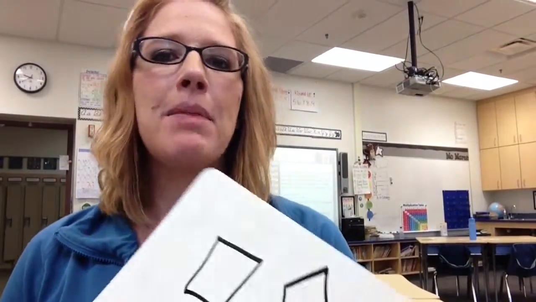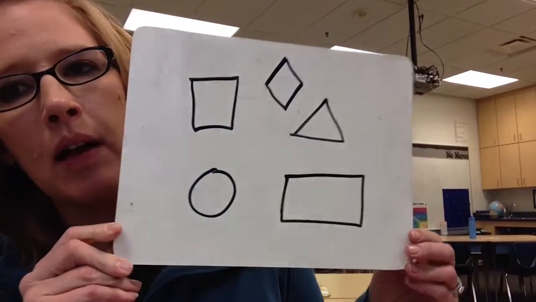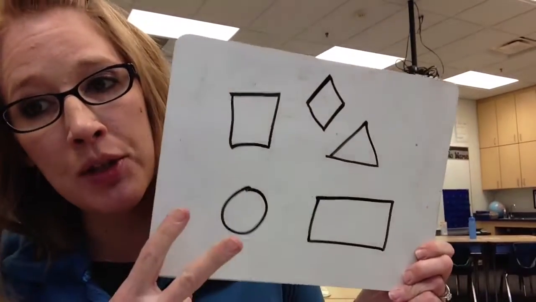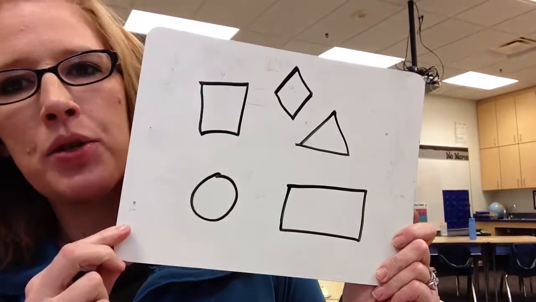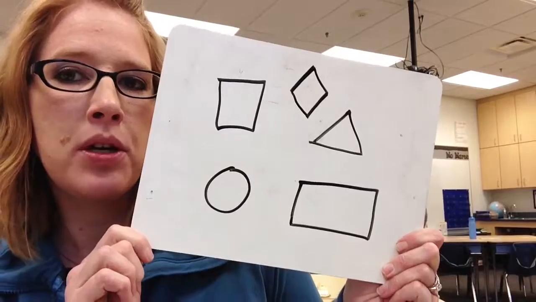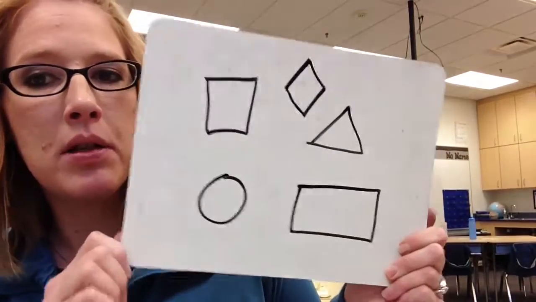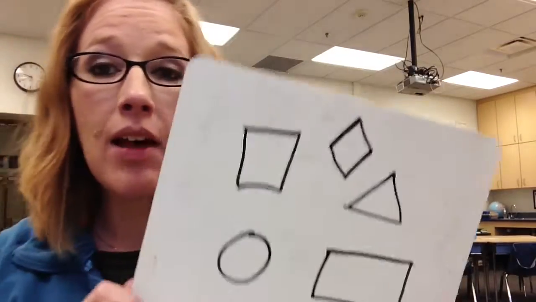Welcome back. I'm guessing that these are some of the shapes that you wrote on your list. These are all two-dimensional shapes where we can measure the length and the width. They're flat, and we can only measure the two sides to help us figure out information about them. But now let's talk about three-dimensional shapes.